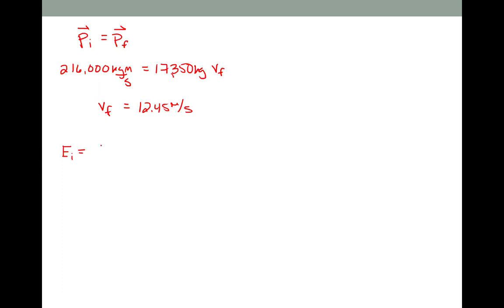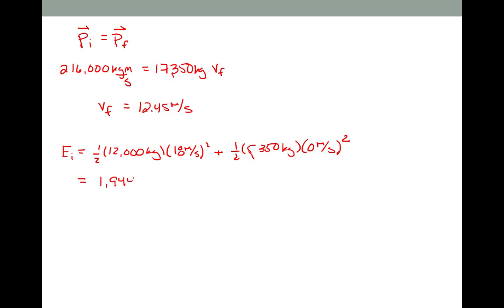So the initial energy will be 1/2 times the mass of the car times the initial velocity of the car squared, plus 1/2 the mass of the load times the initial velocity of the load squared, and that works out to be 1,944,000 joules.